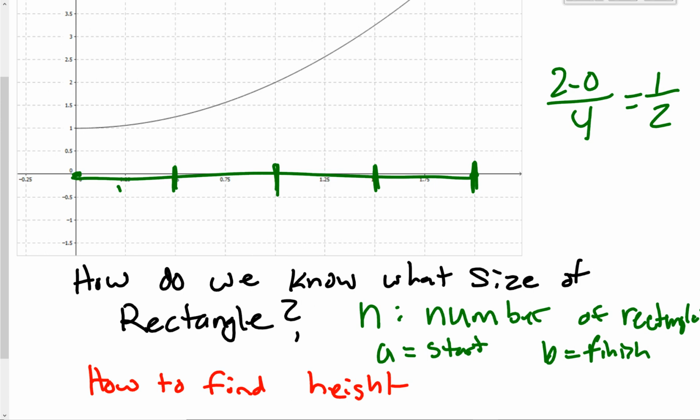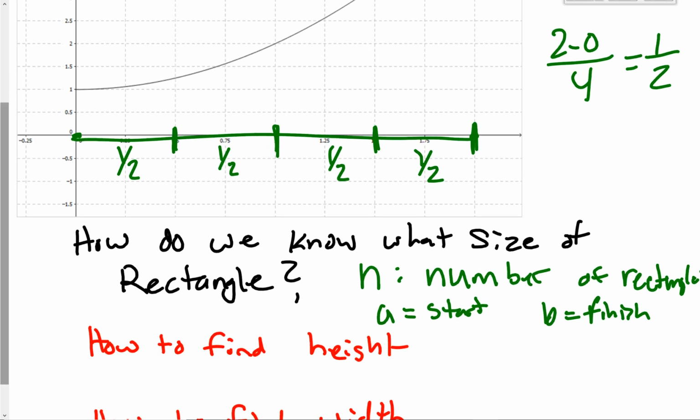So those would be my widths, right? 1/2, 1/2, 1/2. And then how do we find out the heights? Well, that would be this distance, and this distance, and this distance, and whatever this one is up there, right? So how do we find these heights?